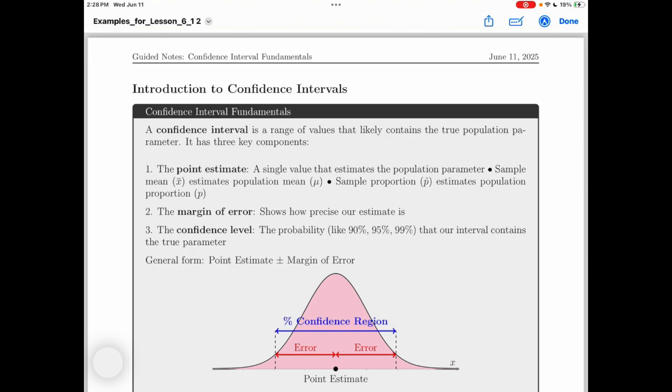So let's first talk about the parts of this interval that are key to understanding how this is built.